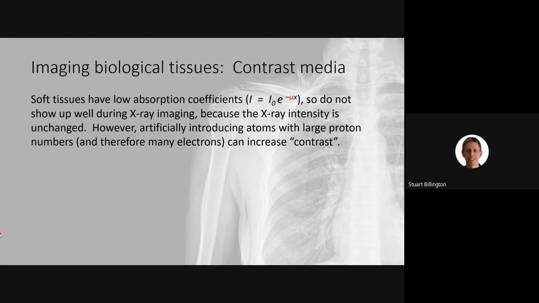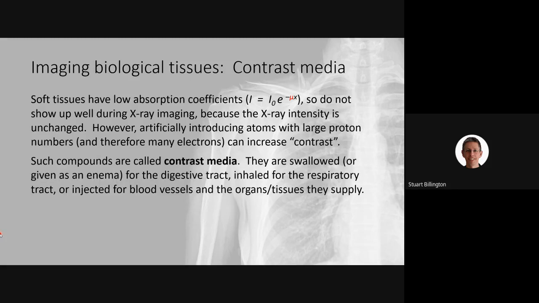So what we choose to do, if you want to image non-broken bones, anything that's not a broken bone, is that we invite the patient to allow us to flood their tissues with an external material that is very, very good at absorbing X-rays, that has a high linear attenuation coefficient.